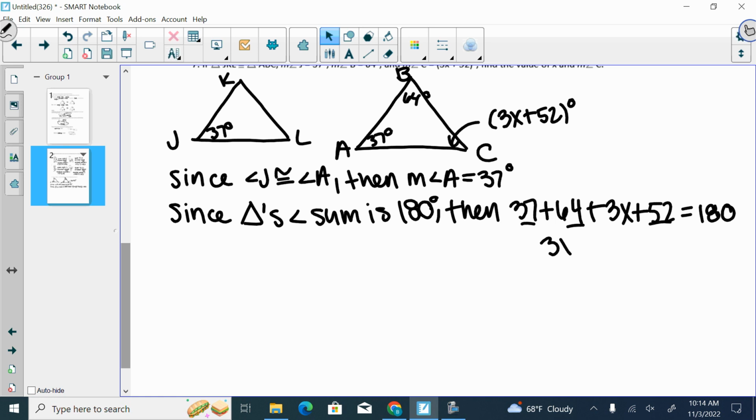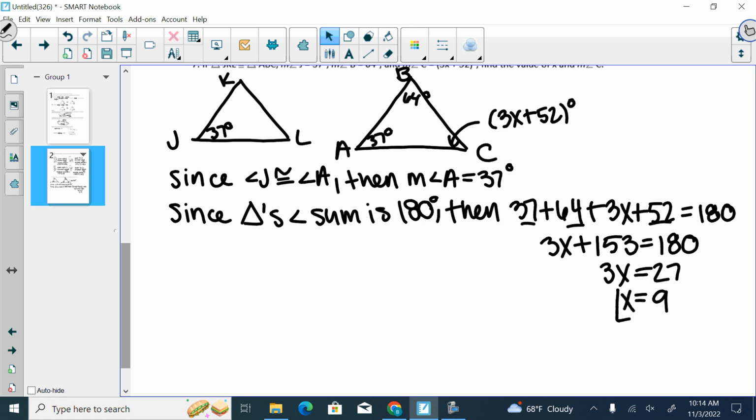So I have 3x plus 153 equals 180. Okay. And then what do we need to do? Subtract 153. So I'll have 3x is equal to 27, good. So x must be 9.